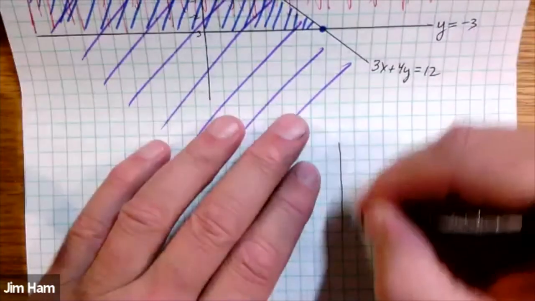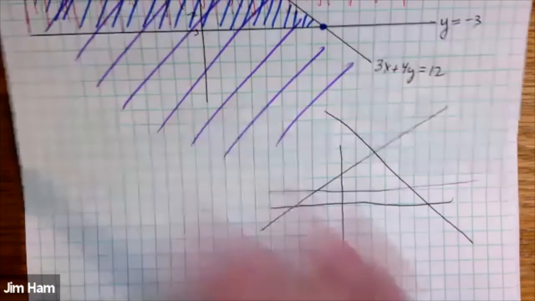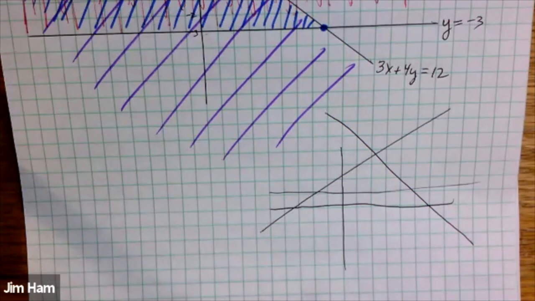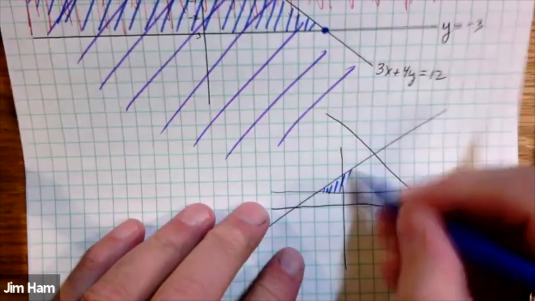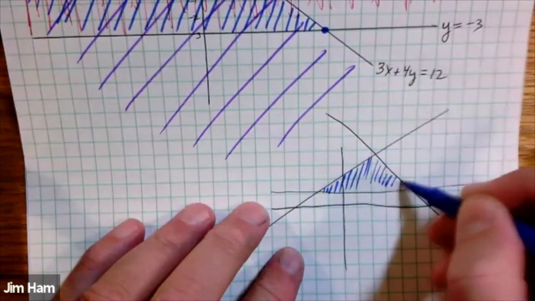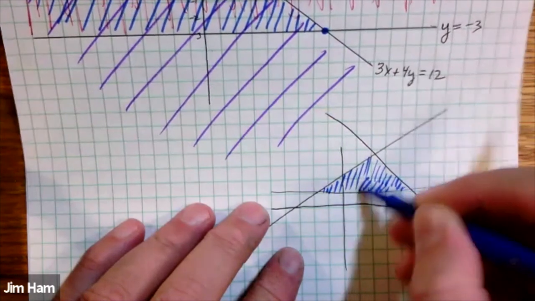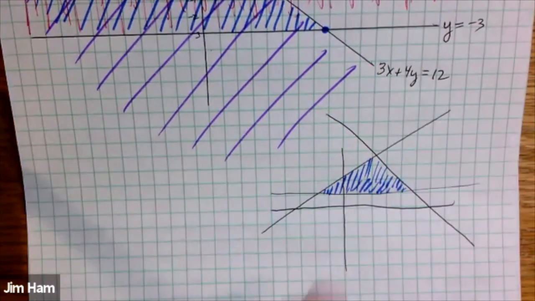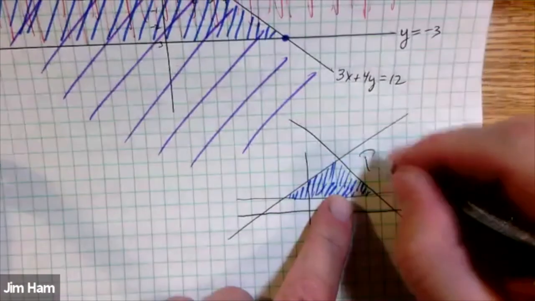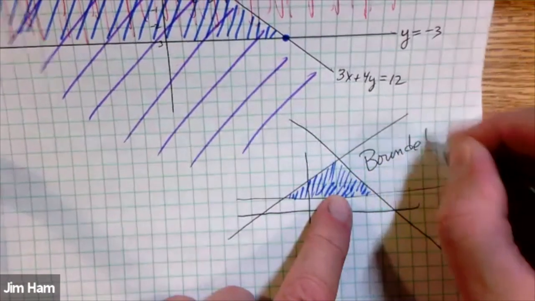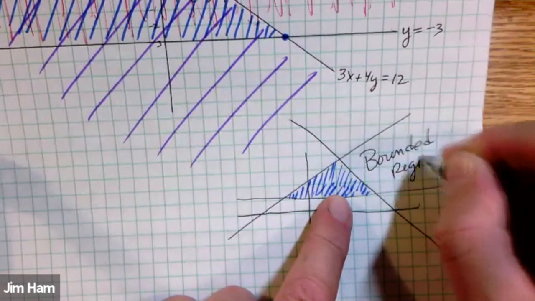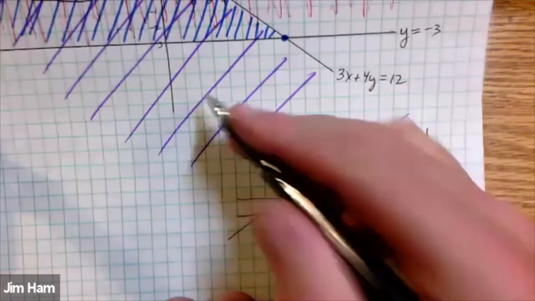Here would be an example of a bounded region, something like this. If you had a region that looked like this, and this was the solution set, and it didn't go off in any direction infinitely, this here would be a bounded region, completely enclosed. Bounded, unbounded.